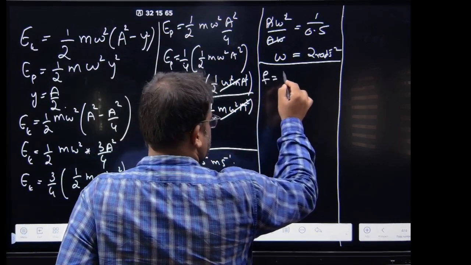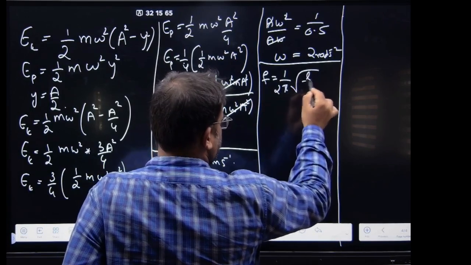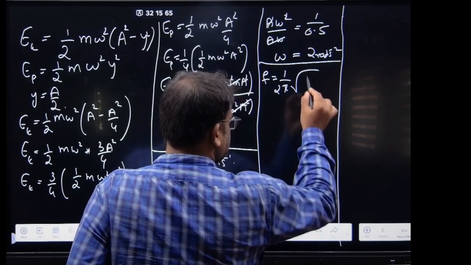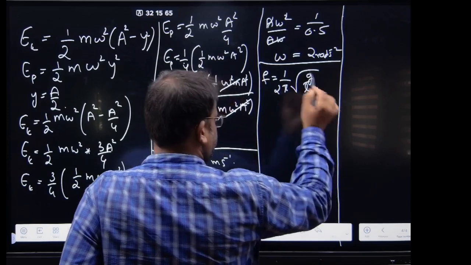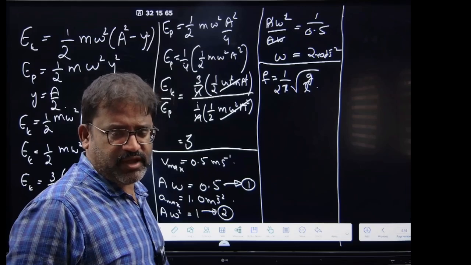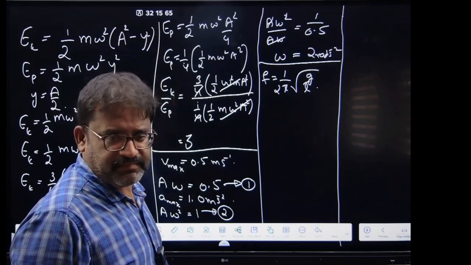Now remember, the frequency of a simple pendulum is given by F equal to 1 by 2 pi into root of G by L.